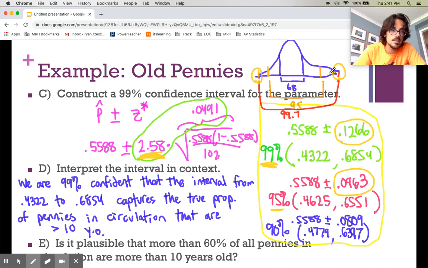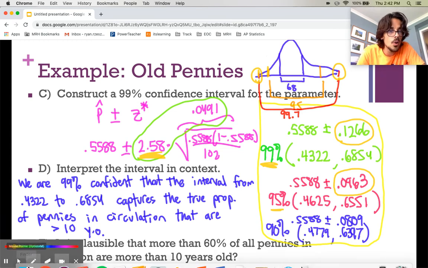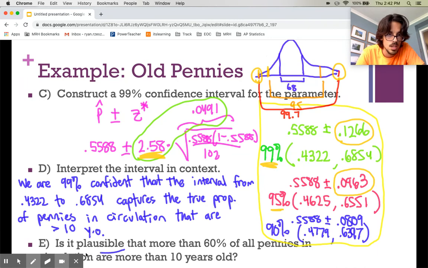So that's just a little, the more you know, kind of a thing. All right, last thing is I need to talk about this last question. Is it plausible that more than 60% of all pennies in circulation are more than 10 years old? Now, the word I need to make sure we talk about here is that word plausible. The word plausible is different than the word possible, is different than the word convincing evidence.